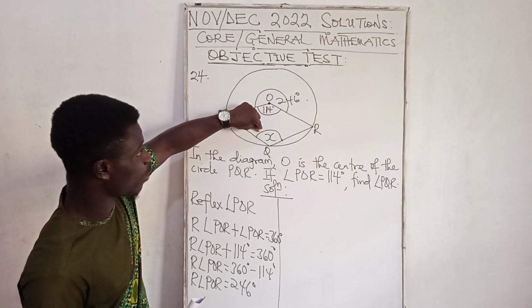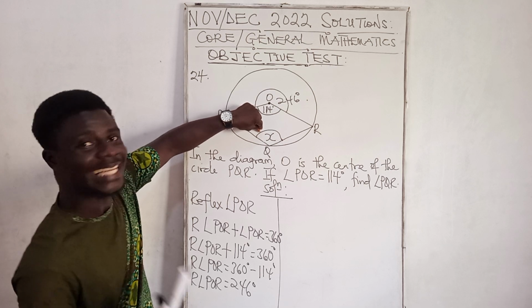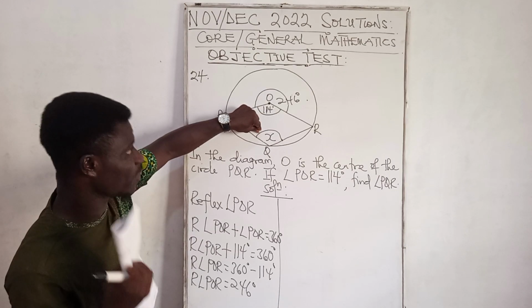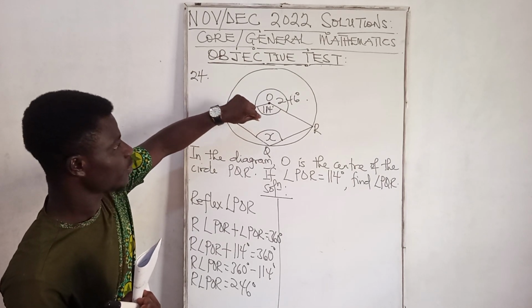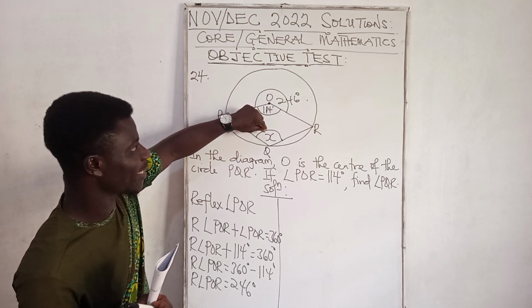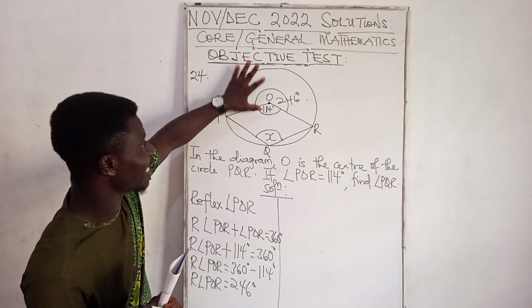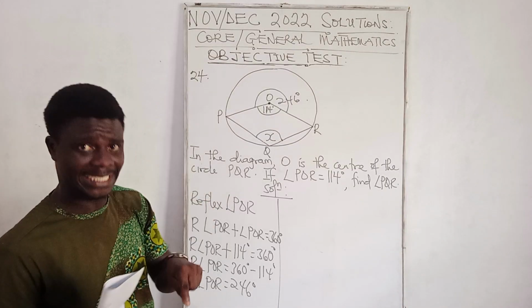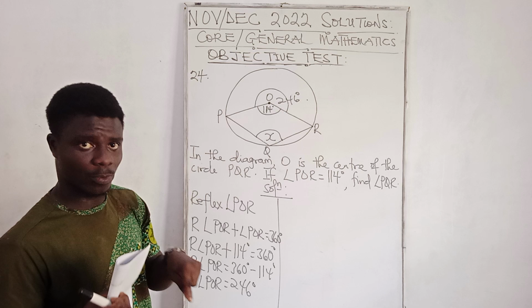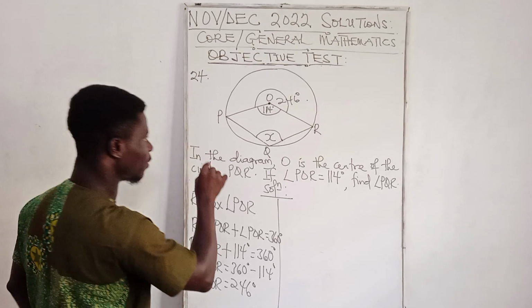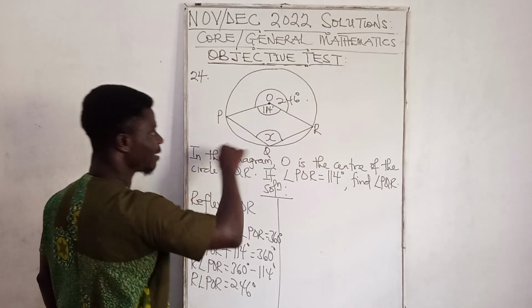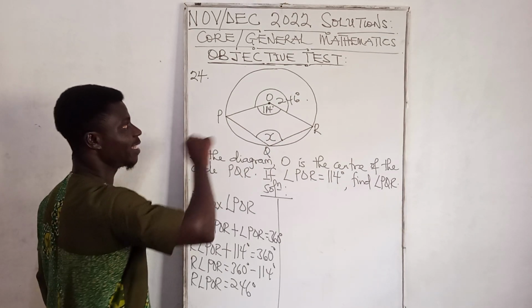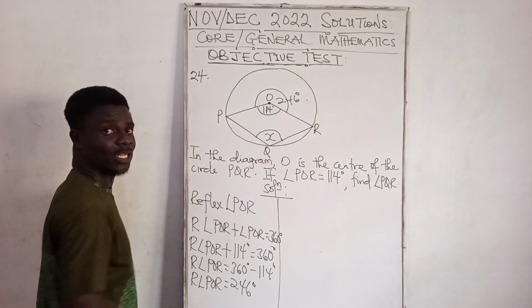So watch here, listen. Twice the angle at the circumference in which an arc subtends must be equal to the angle at the center.